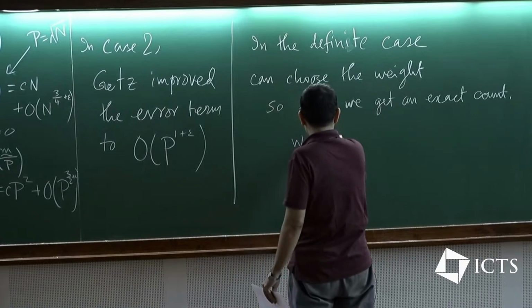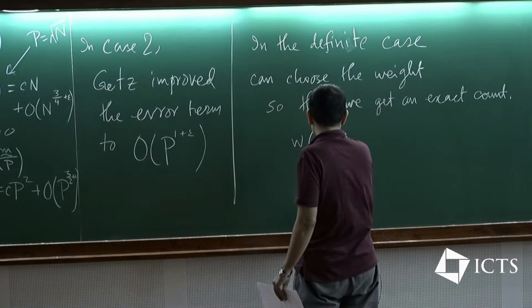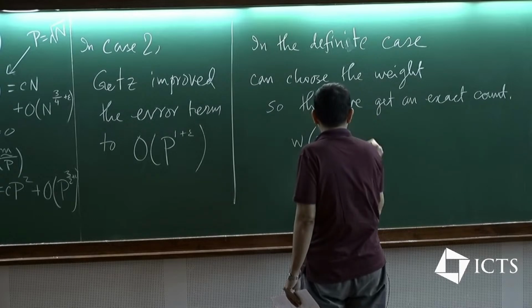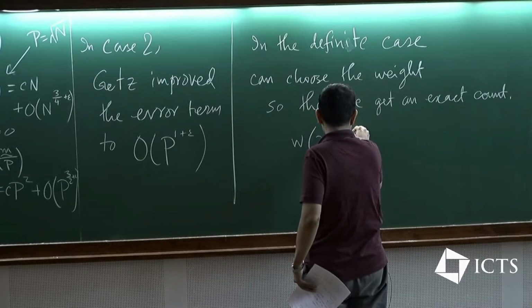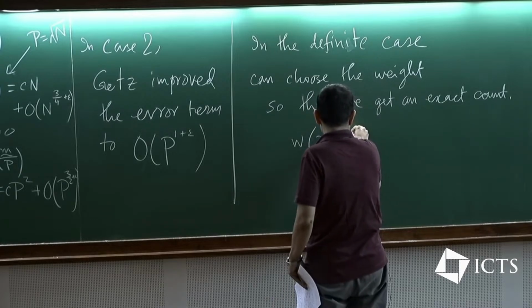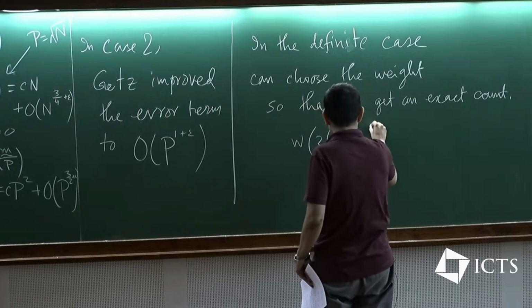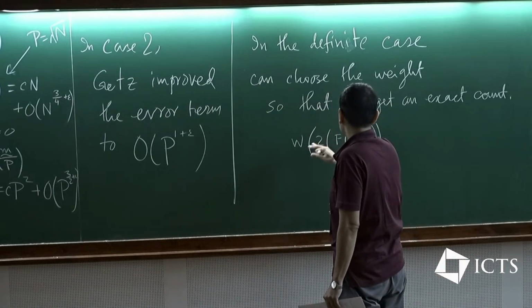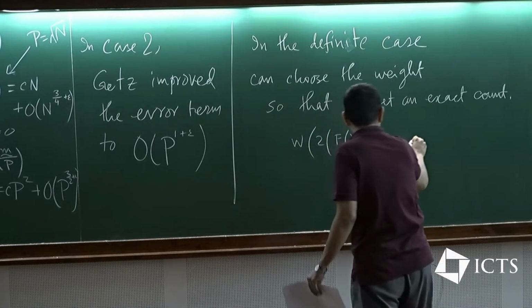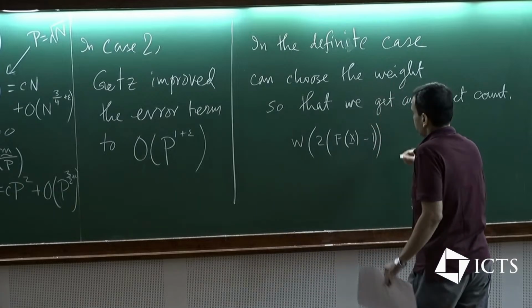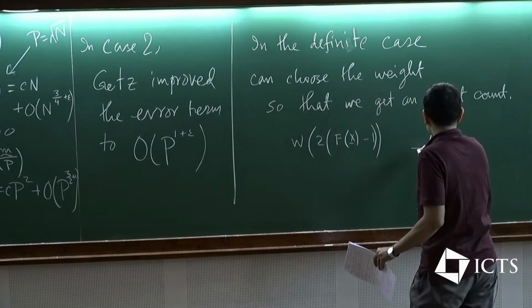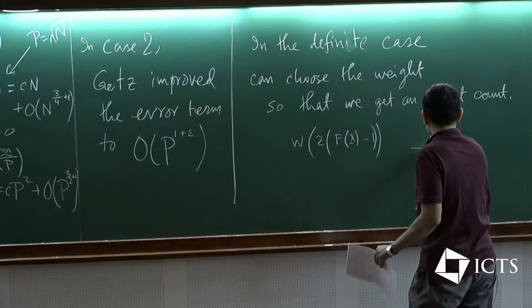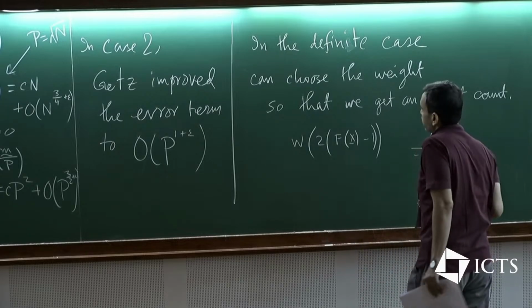It is 2 times, if I remember correctly, f of x minus 1, something like that. The weight will always be made out of functions like this, 0, minus 1 to 1.